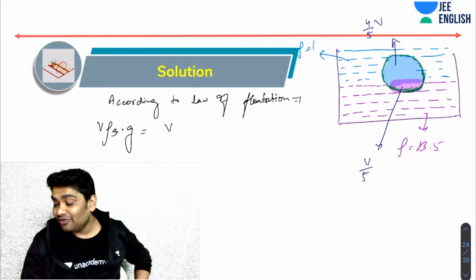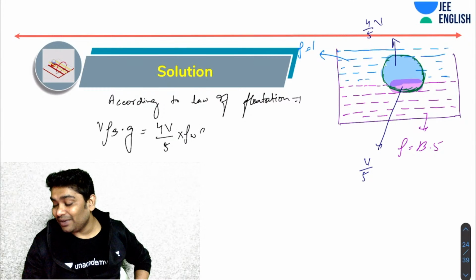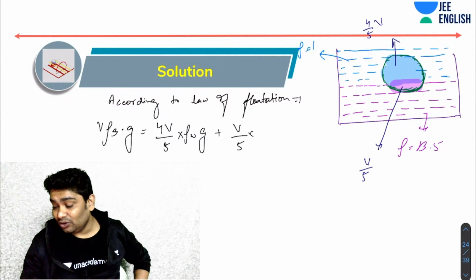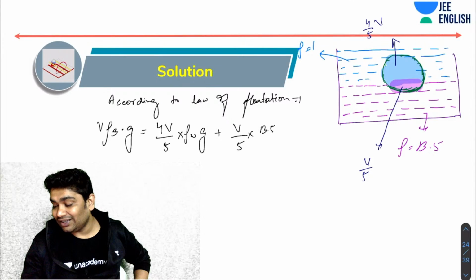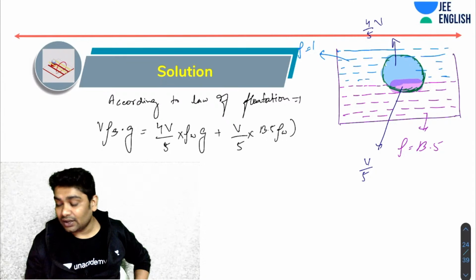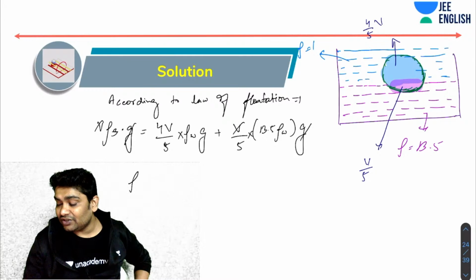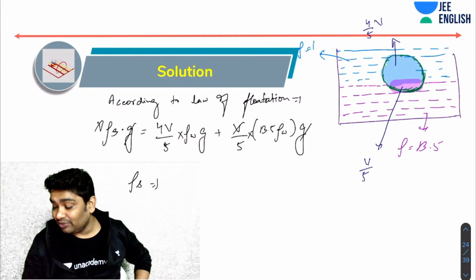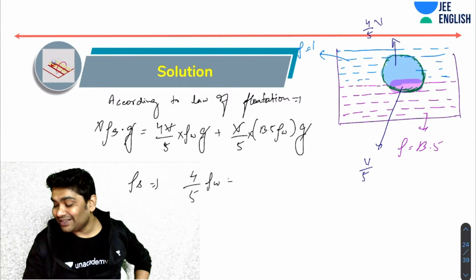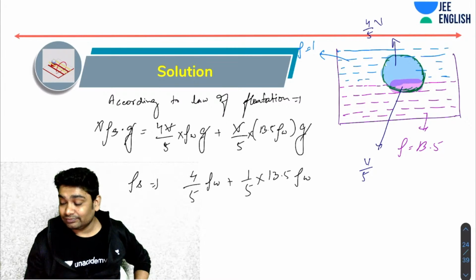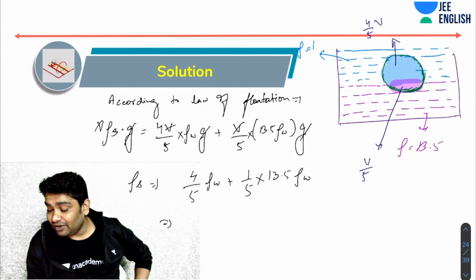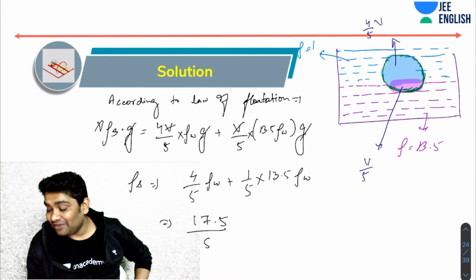So that will be 4V by 5 times rho of water times G, plus V by 5 times 13.5 times rho of water times G. Your G and your V get cancelled, and the density of the sphere turns out to be 4 by 5 rho of water plus 13.5 by 5 rho of water, so that will be 17.5 by 5 rho of water.